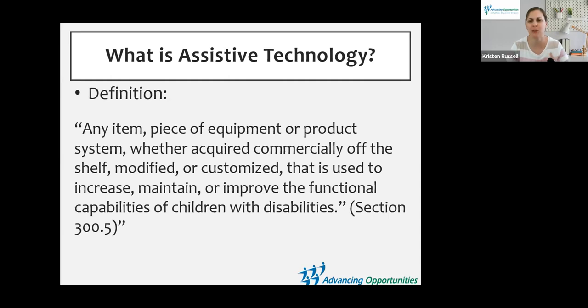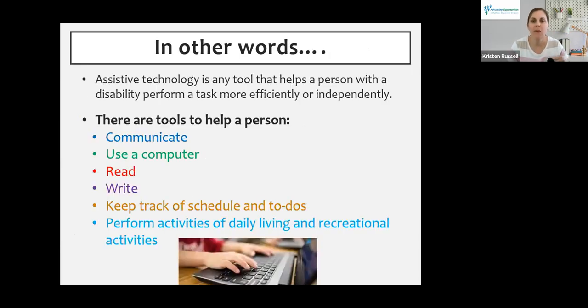And I would change the children to really anyone. So I think the key takeaway here is it's anything that's used to help improve somebody's abilities. If I were to put that in my own words, assistive technology is really any tool that's going to help a person with a disability perform a task more efficiently or independently.